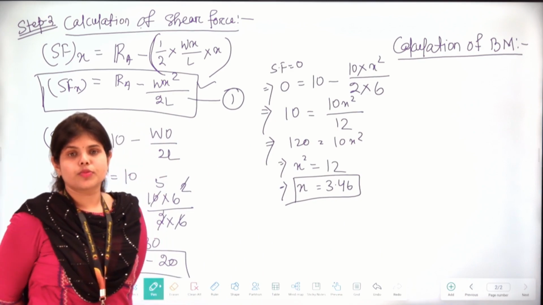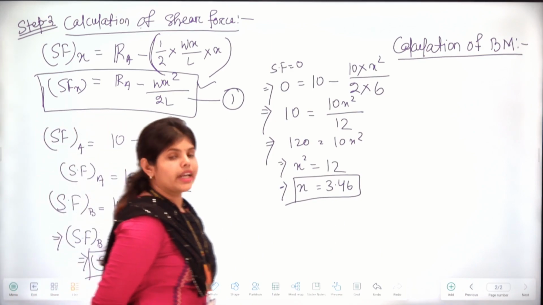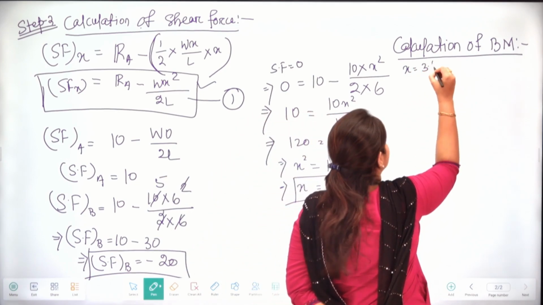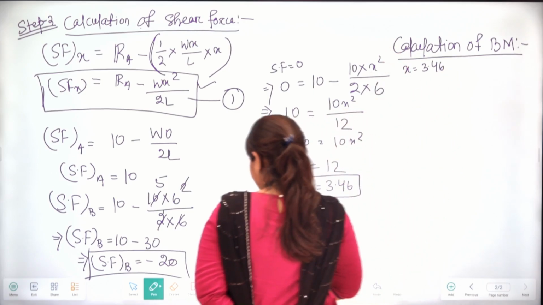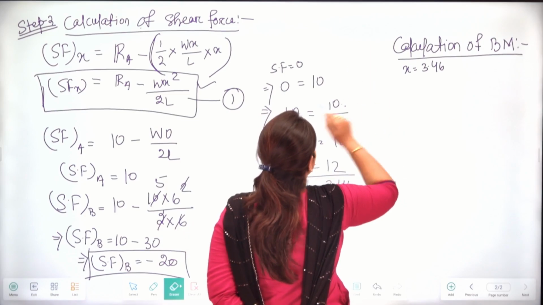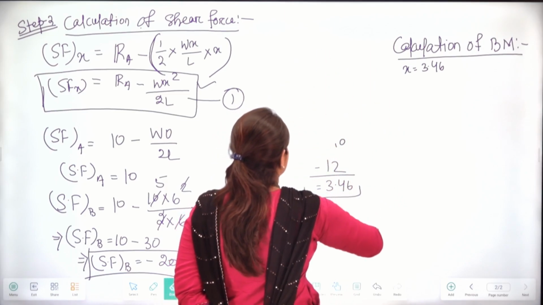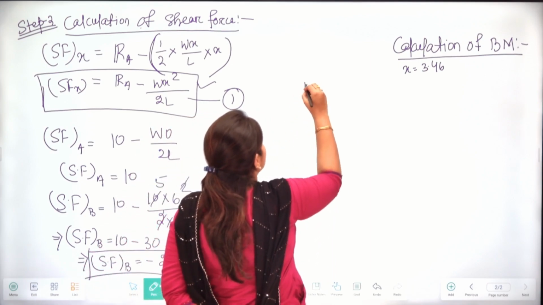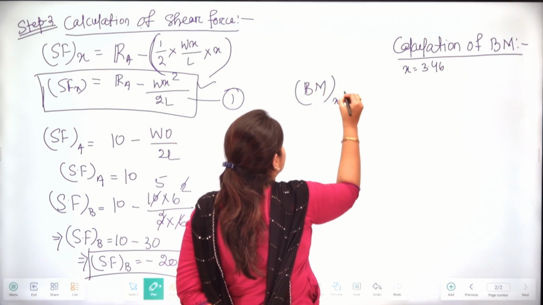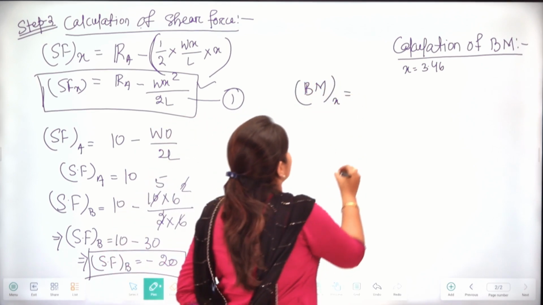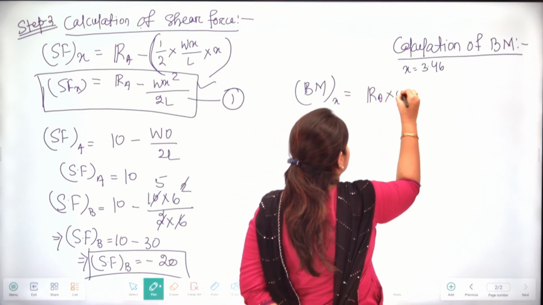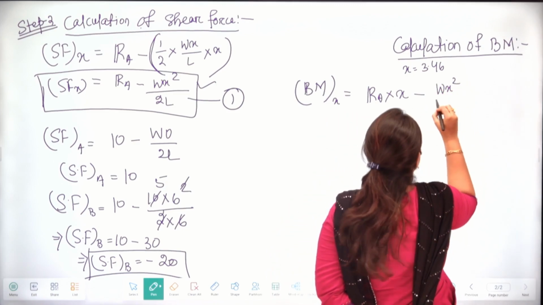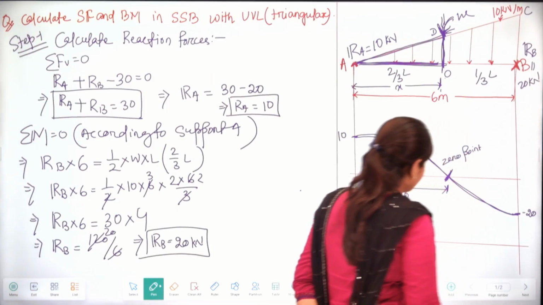We know that at the end supports the bending moment will be 0. We will calculate the bending moment at x equal to 3.46. The bending moment at x will be RA into x minus Wx square by 2L, multiplied by the distance to the centroid.